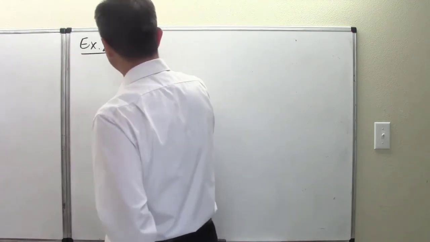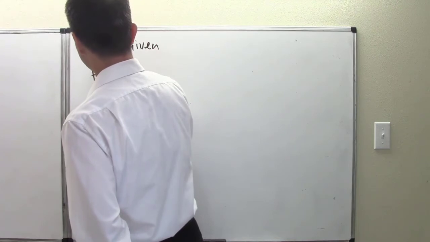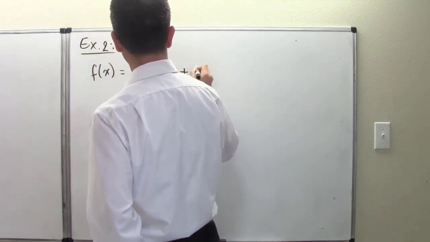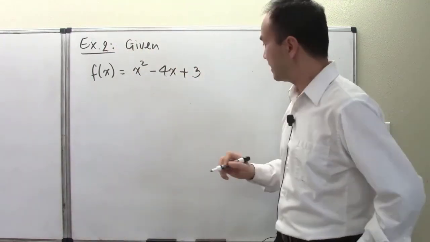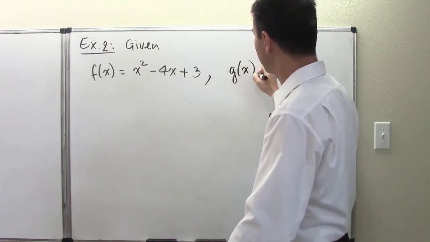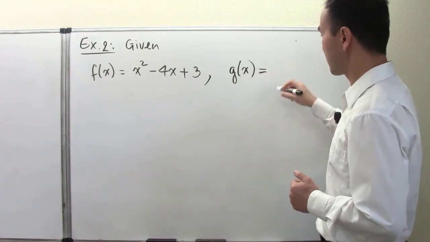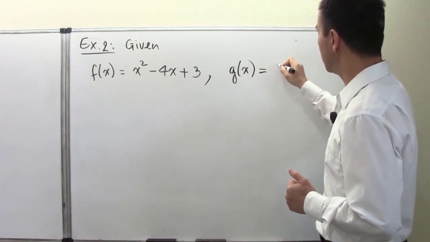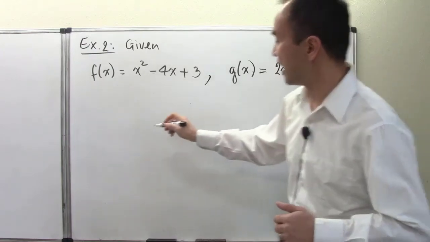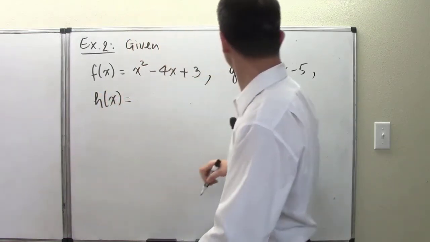All right, so now we're again given 3 functions. How about f of x is x squared minus 4x plus 3. Then we have g of x given to be 2x minus 5, and then we have a third function, h of x, defined to be 1 over x.